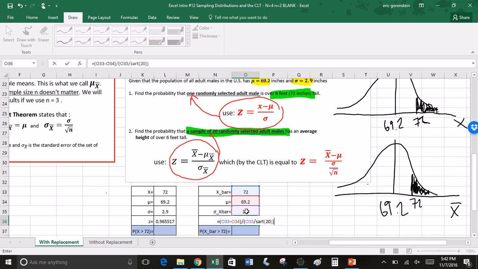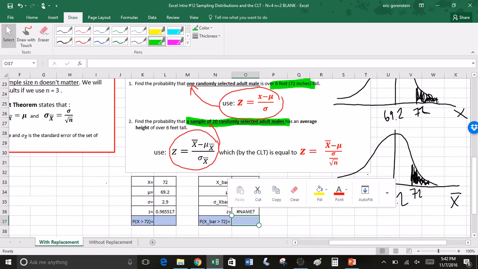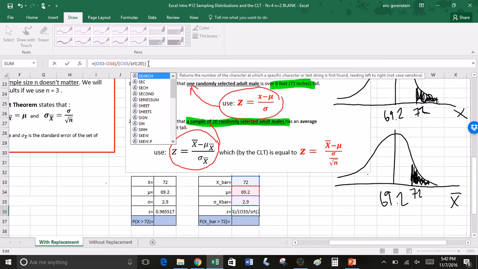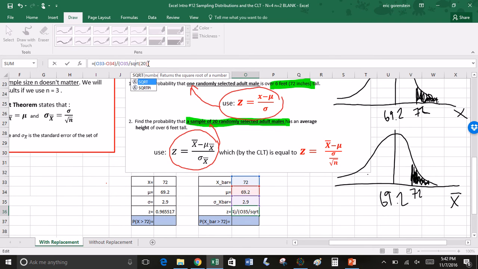Okay, so I'm just plugging in. Oh, I needed SQRT, not SART, square root of 20. There we go. And this is what we would expect, a much larger z-score, because it's much more unlikely that, okay, one adult male is above average.